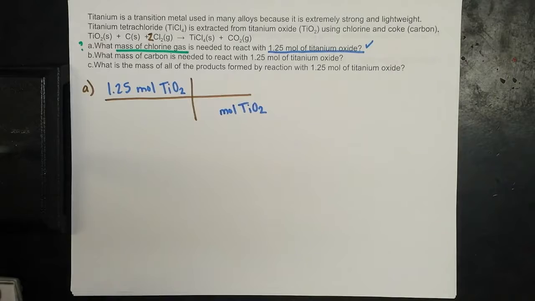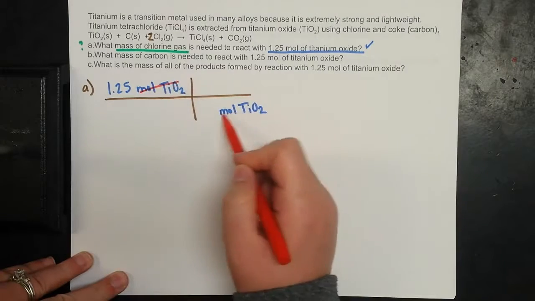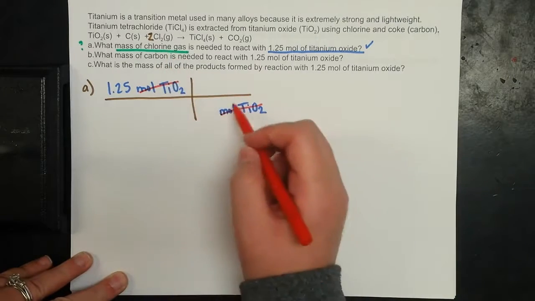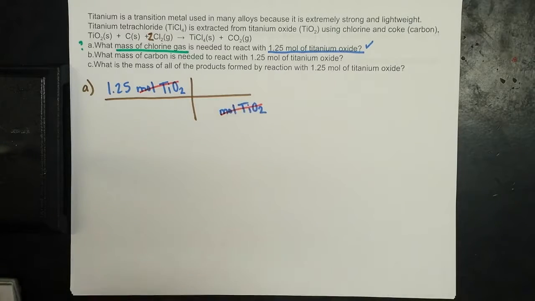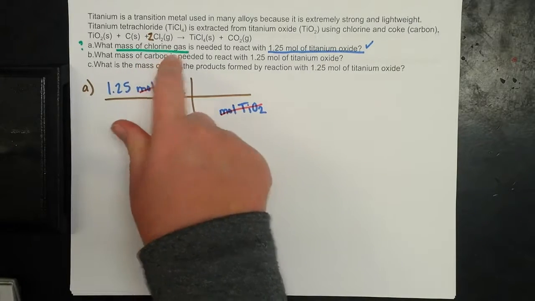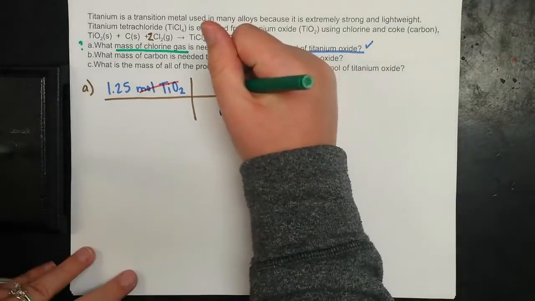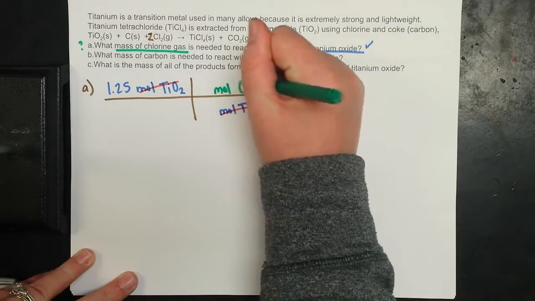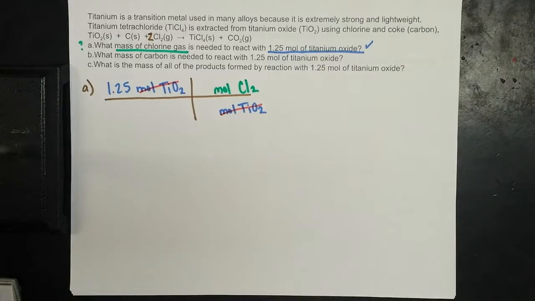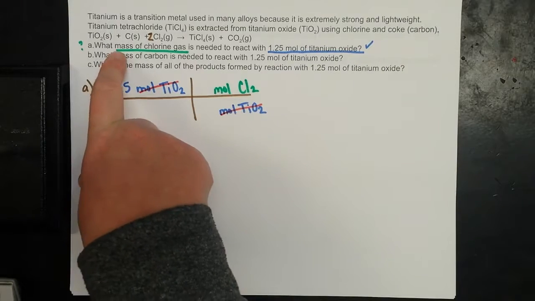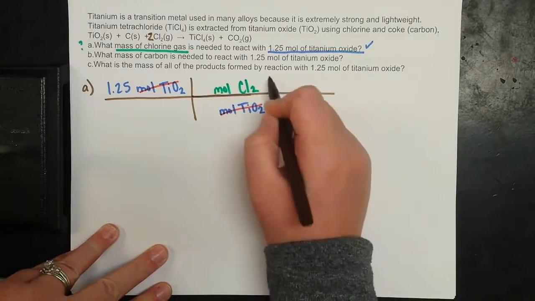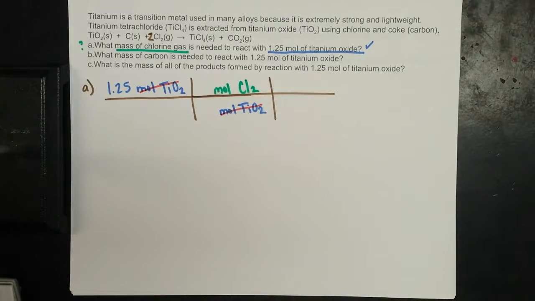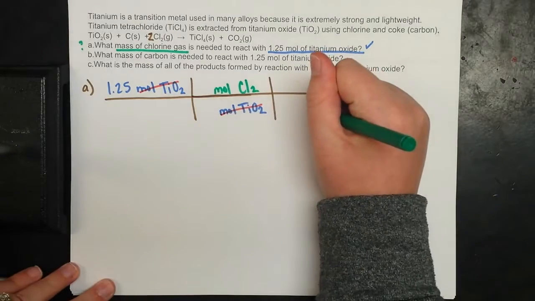Okay, so now my moles of titanium oxide cancel. I want to talk about chlorine gas, and I know that if I'm canceling moles of one substance, I can convert to moles of the other substance, which chlorine is a different substance, by using the mole ratio, so let's go ahead and do that. Okay. However, I'm being asked to find the mass of chlorine, not the moles, which means I need to cancel out the moles of Cl2 by putting that in my denominator.